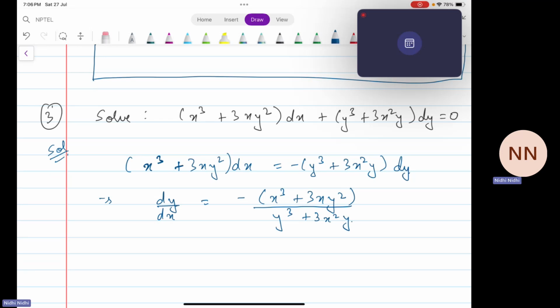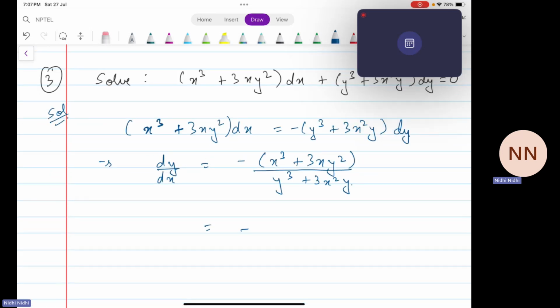Now, if we divide the numerator and the denominator by x cube, we get minus (1 plus 3 (y by x) square) upon ((y by x) cube plus 3 (y by x)).